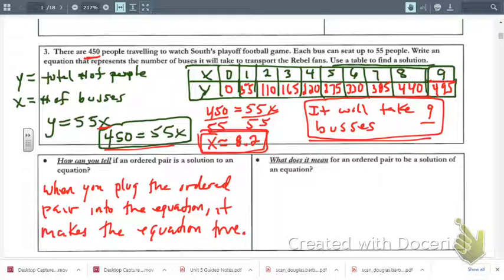Alright, so that's how you can tell. It's similar, so we're not even going to get into that.